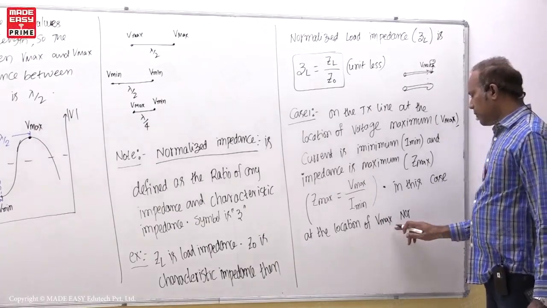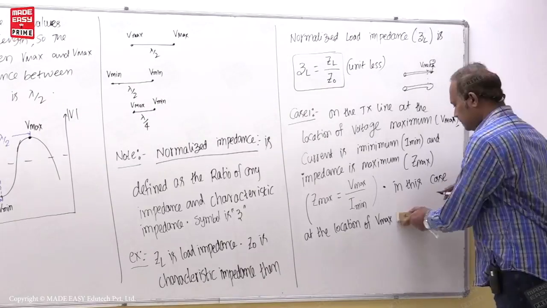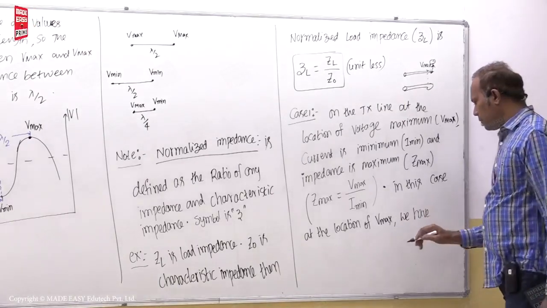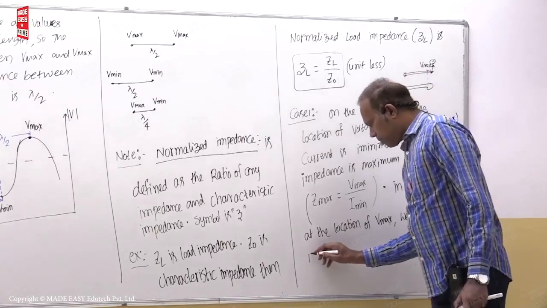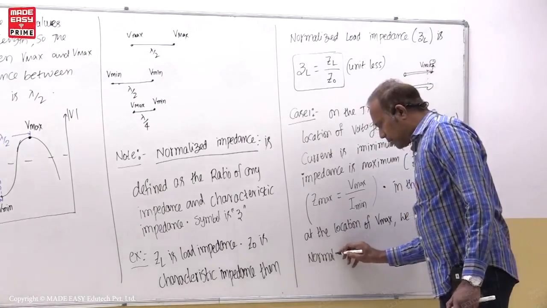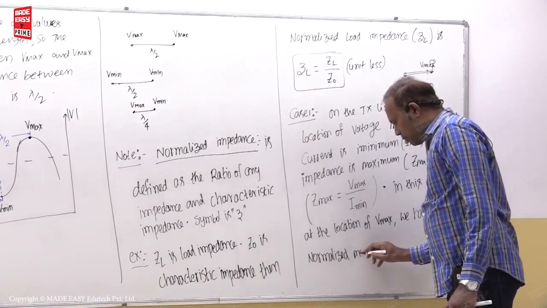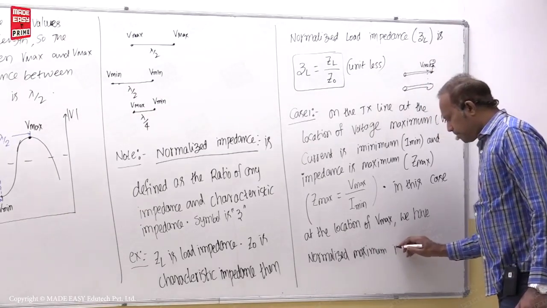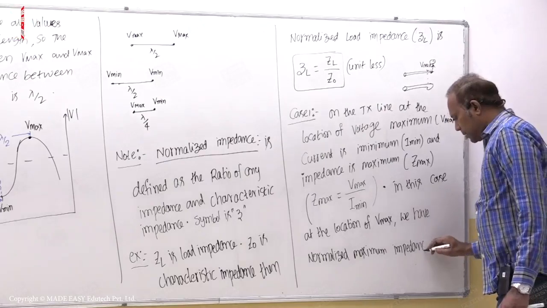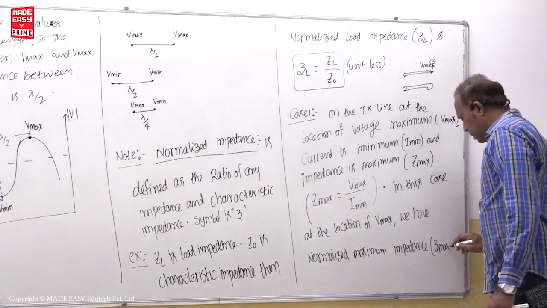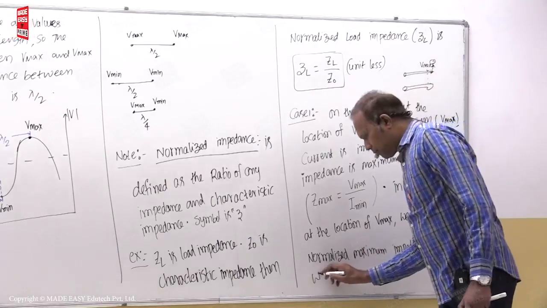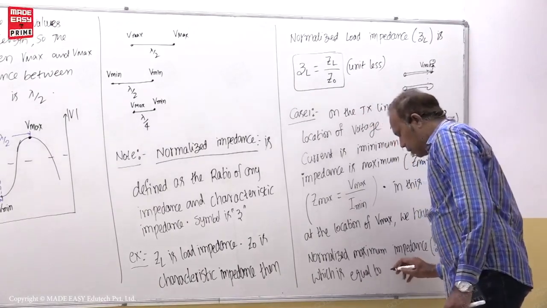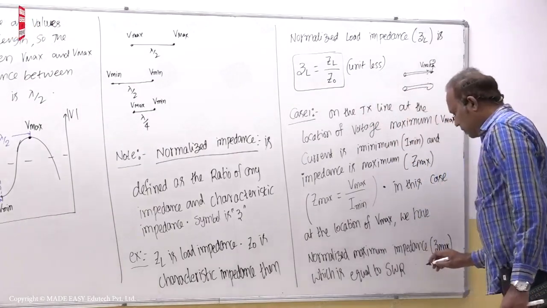So at the location of V maximum, we have normalized maximum impedance, small z maximum symbol, which is equal to standing wave ratio.